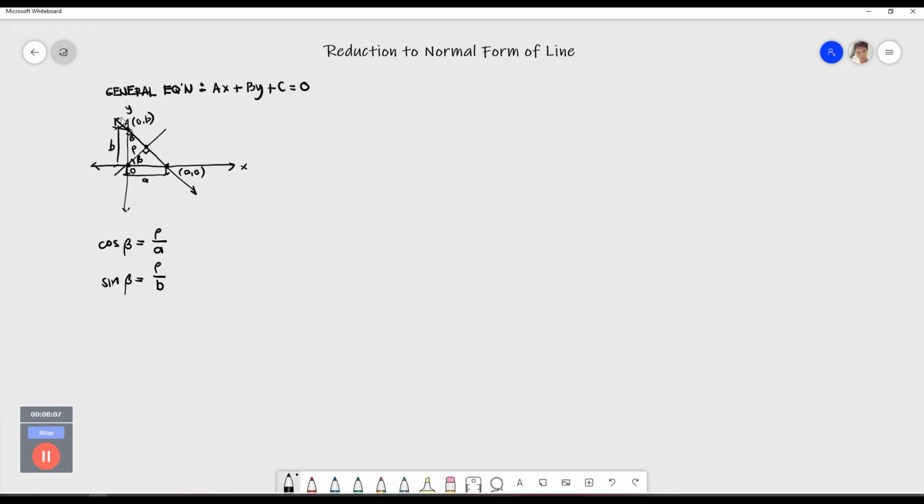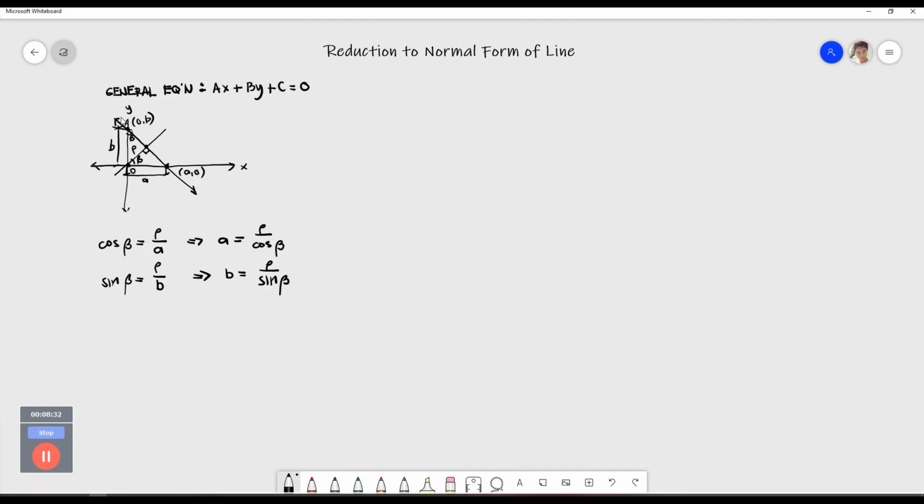Again, here we can say that the value of a is equal to rho over cosine of beta, and for our y-intercept, b is rho over sine of beta.